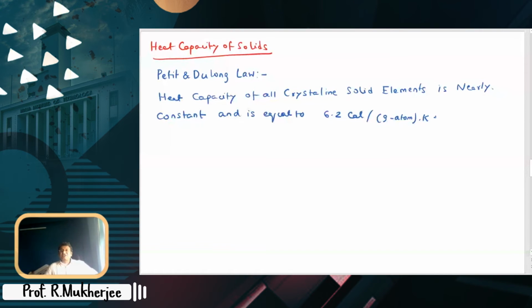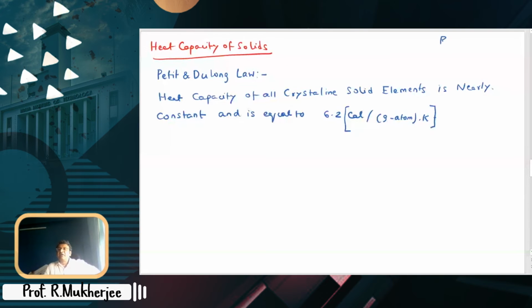Don't get confused by this statement. They are nearly constant, but it is constant only for 1 mole, right? Because the unit is calorie per gram atom. So the moment you want to find it as calories per gram, you are going to divide it by the atomic weight. Therefore, the numbers are still different. And does the number 6.2 remind you of something?